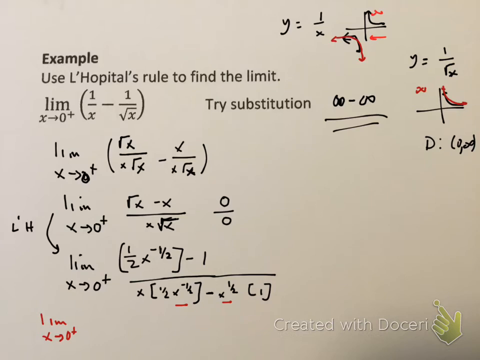This is going to be 1 over 2 the square root of x, minus a 1, there's the numerator, over, and when I factor this expression, I'm going to factor out an x to the negative 1/2. That's going to leave me with a 1/2 x plus another x is what we're going to be left with.